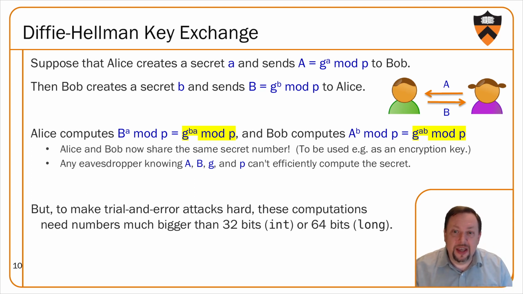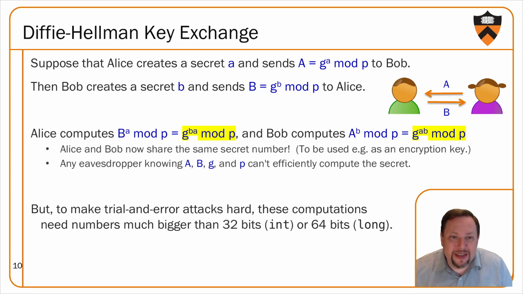It turns out that both of those computations will give you the exact same secret number, which Alice and Bob now share, but no eavesdroppers can infer what that secret was without doing a lot of computation. You can use this as the basis of setting up a key for an encryption algorithm for them to send messages back and forth.